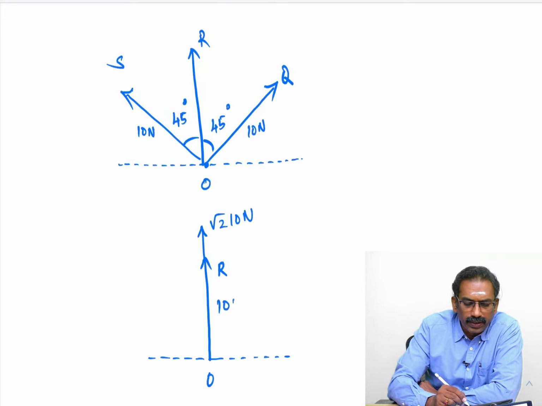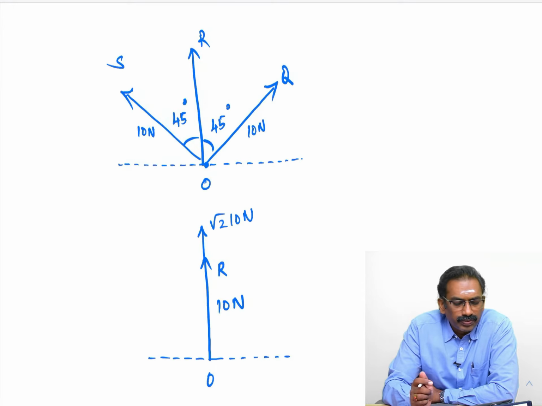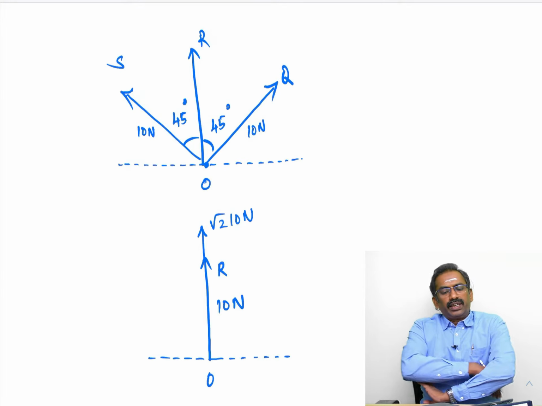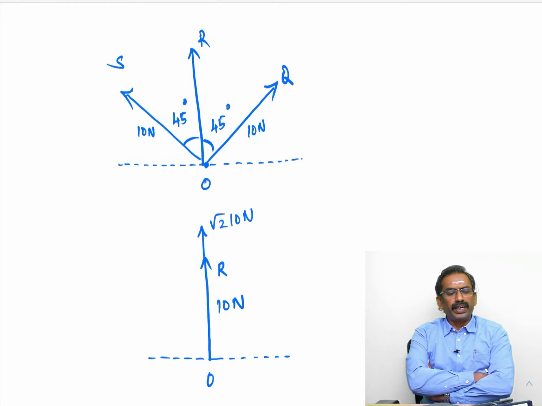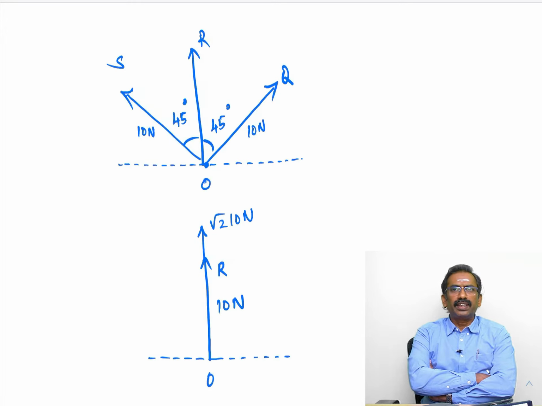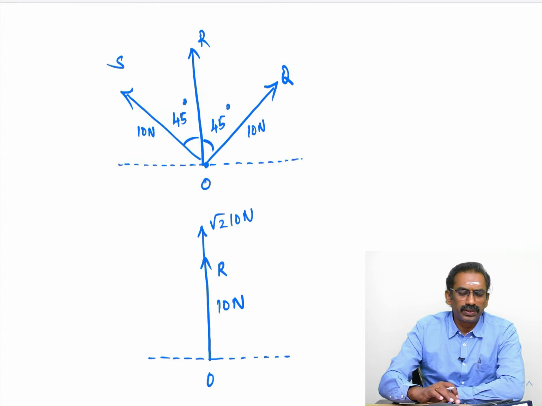OR is equal to 10 Newton. Okay, these two vectors are acting in the same direction. One magnitude is 10 Newton, another magnitude is root 2 times 10 Newton. So, if two vectors act in the same direction, then resultant is equal to sum of the magnitudes.